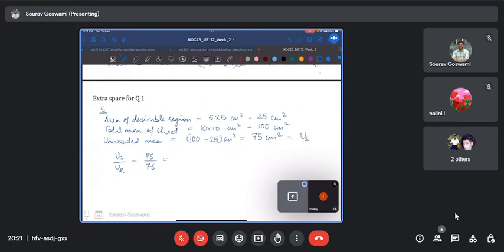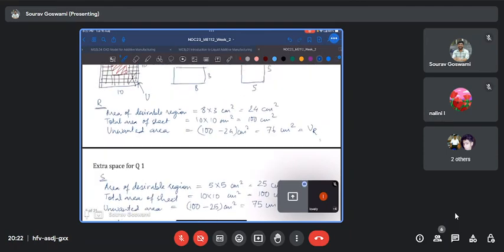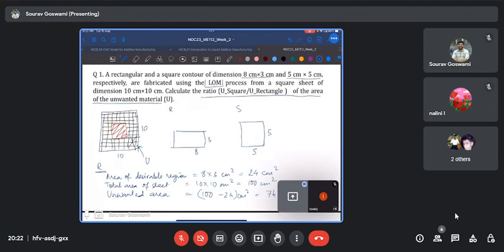Please give me a moment, I'll just calculate it. Or 0.9868. So this is the answer that we needed, or the ratio of the unwanted material in the case of square to the unwanted material in the case of the rectangle.